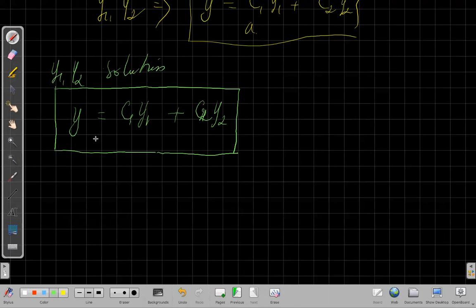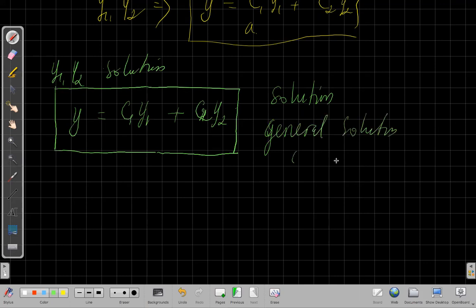Finally, we have the form of the solution like that. This is the solution, namely the general solution of the second order homogeneous linear ODE.